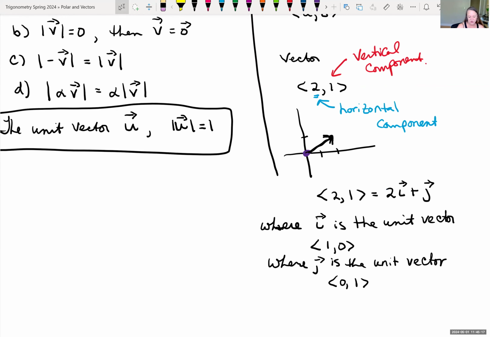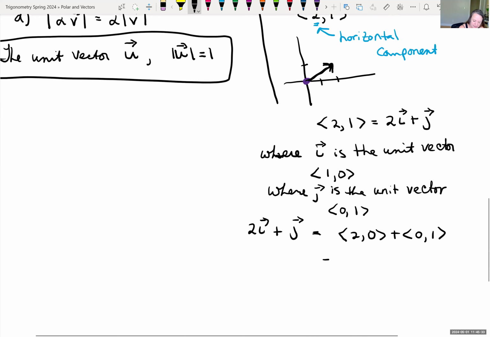So technically, all we're doing is looking at 2 times i plus j. So we're looking at <2, 0> plus <0, 1>. We're adding our horizontal components, 2 plus 0, and 0 plus 1, which is <2, 1>.